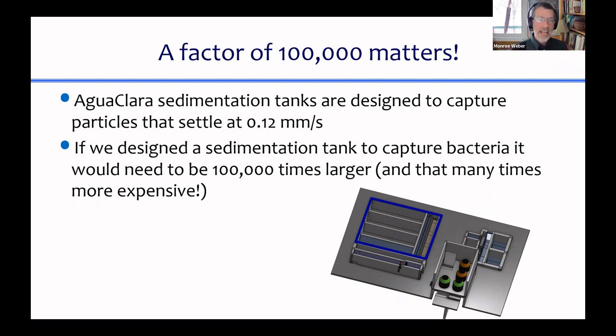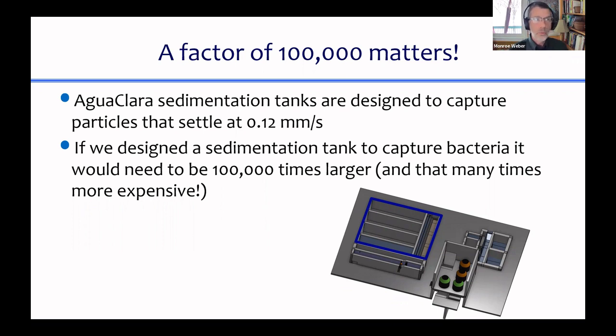When we ended the last time, we had just figured out that things like bacteria cells would settle at ridiculously slow velocities, and I just wanted to drive that point home: there's a reason why we are planning on flocculating the water before we send it to our sedimentation tanks.